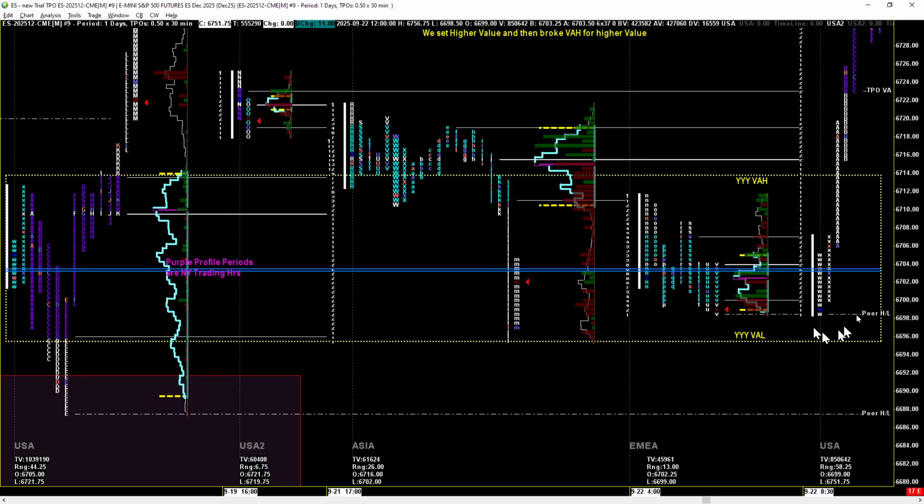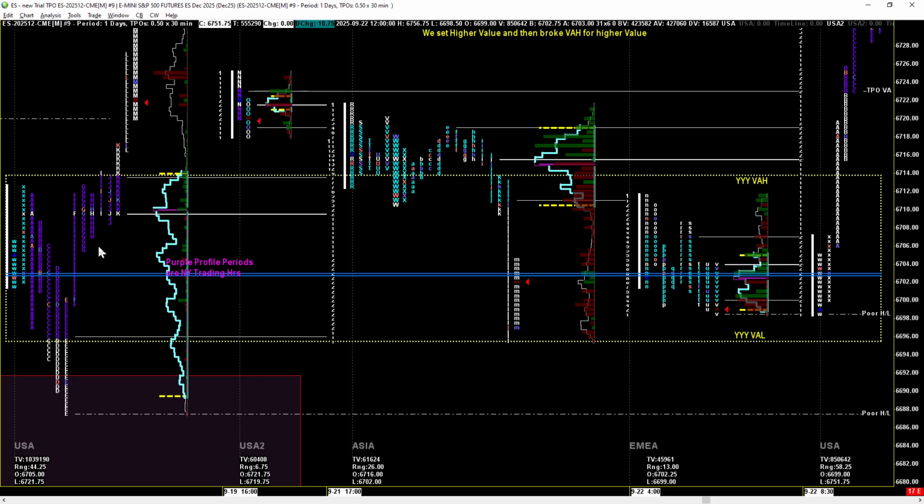So we're saying, okay, are we going to go test value high, or are we going to test value low of this prior day, right? And I have the box inside of it because, around my opening, I want to see if the market thinks value from prior day, are we accepting or rejecting this?